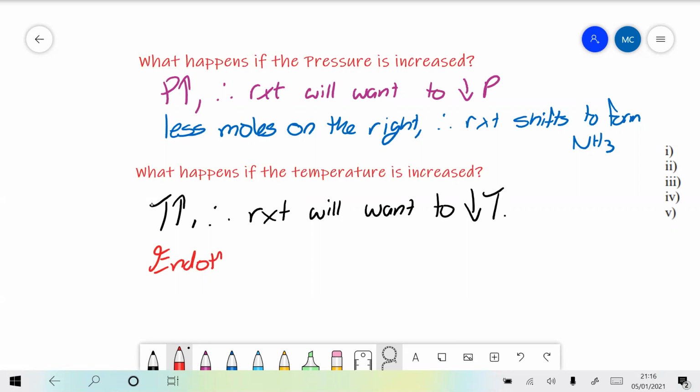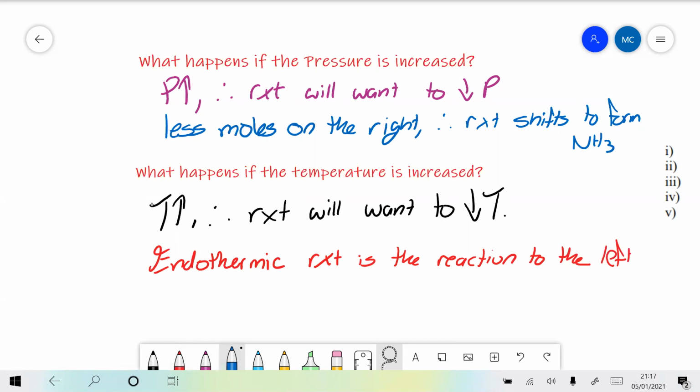The endothermic reaction is the reaction to the left. Therefore, the reaction will form the reactants.